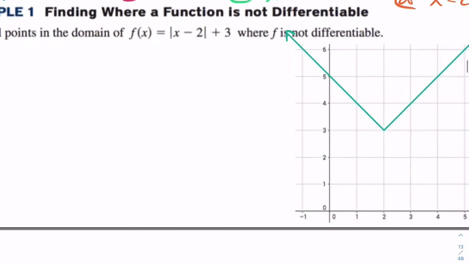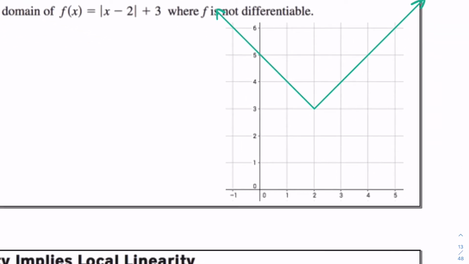Okay. So this function has a corner at 2 comma 3.